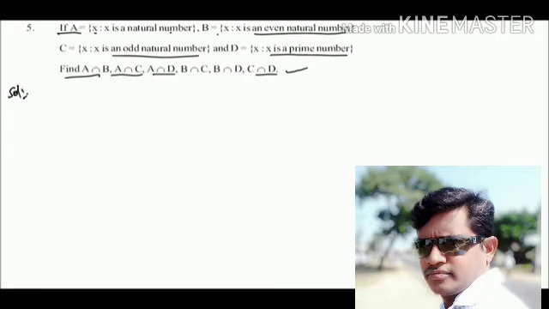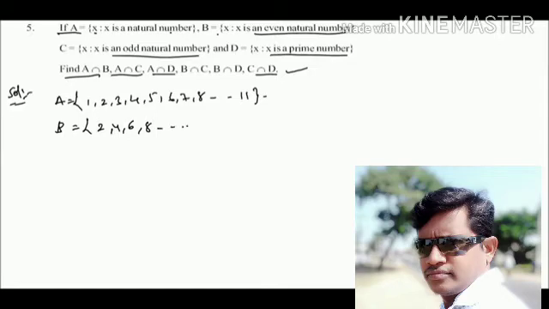So first, the solution. A is the natural number set, so 1 2 3 4 5 6 7 8 up to 11 12, and it goes on. B is the even natural number set. Even means 2 4 6 8 and so on.